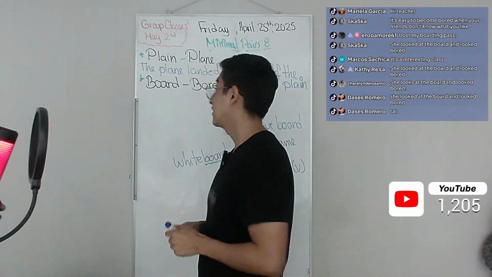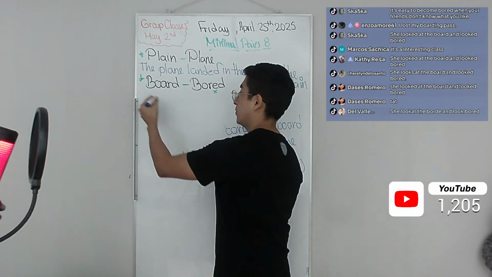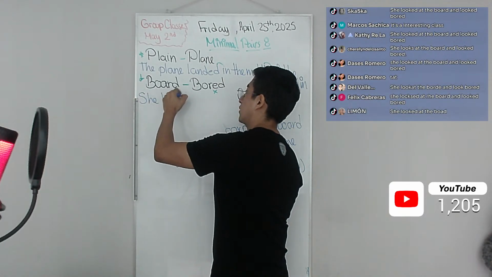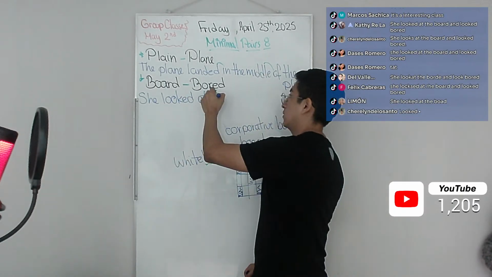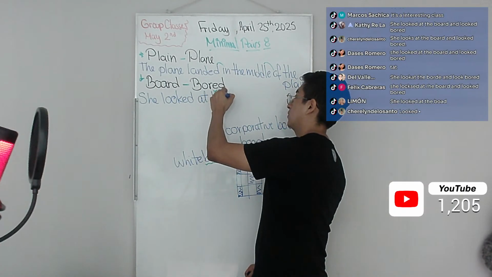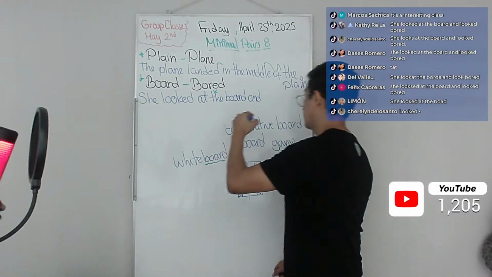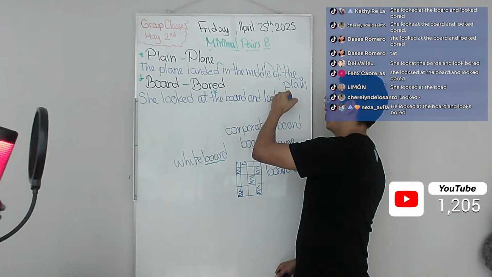Let's start writing it down. Okay, check here, please. Look at this. We have here: she looked at the board and looked bored.